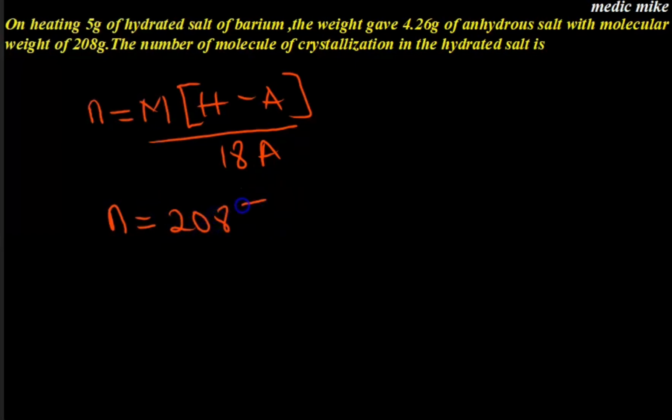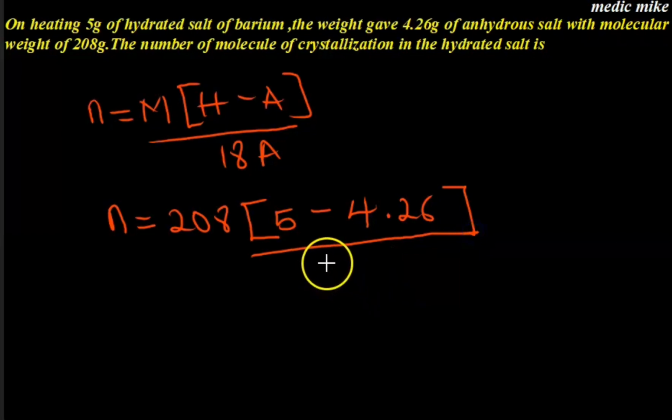Molar mass is 208 (hydrated salt is 5 grams minus anhydrous salt is 4.26 grams) divided by 18, and I've explained why we are using 18, it is because of the mass of water, times anhydrous salt again, 4.26.